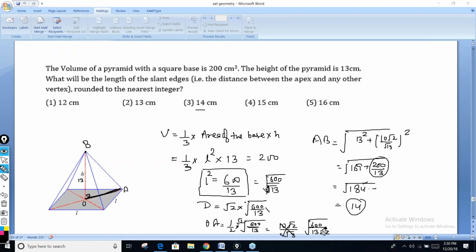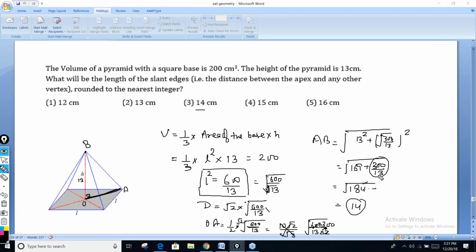That's root 2 only. So that is 300 upon root 13, that is 300 upon root 13 square. Now you'll get the correct answer. That is 300 upon 13.